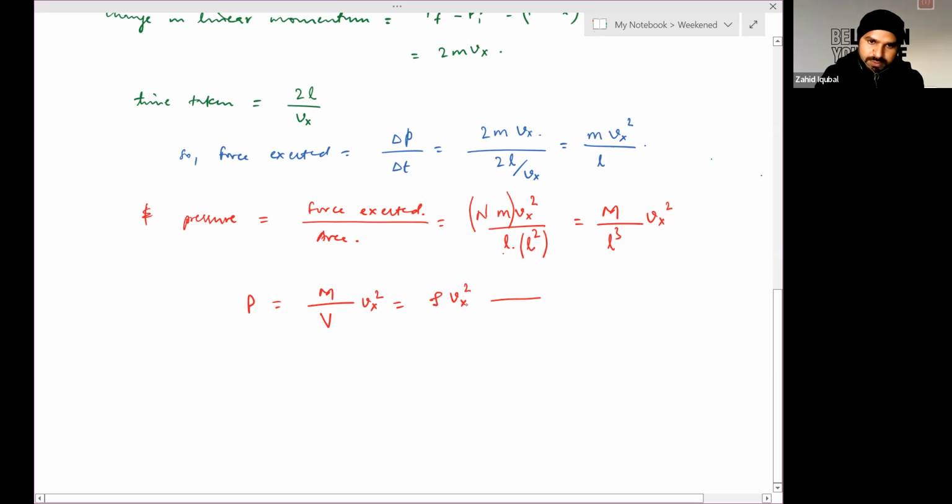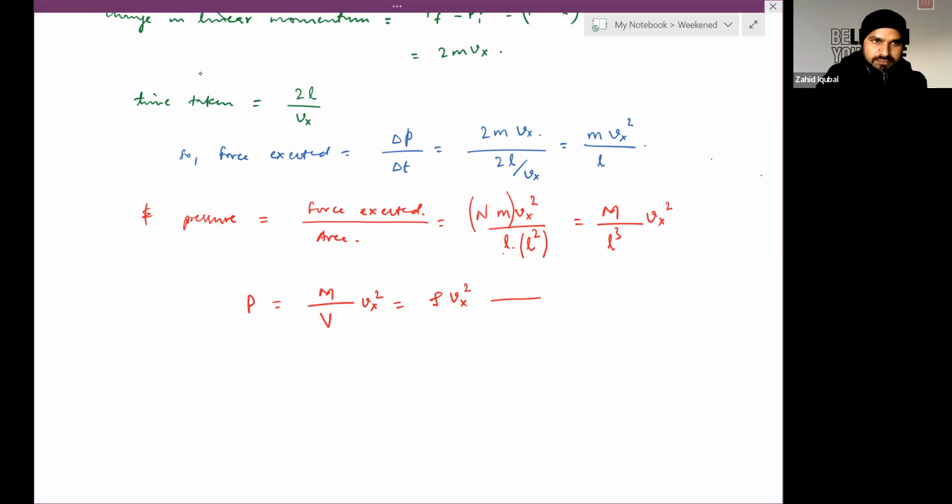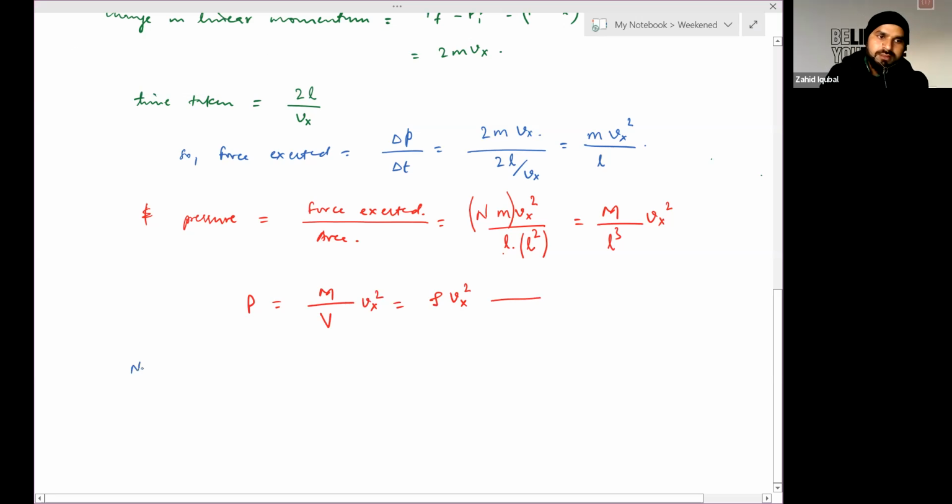Now we have to convert this velocity into another form. Since Vx, Vy, Vz are all equal to each other, suppose you have V in vector form: Vx i cap, Vy j cap, and Vz k cap.